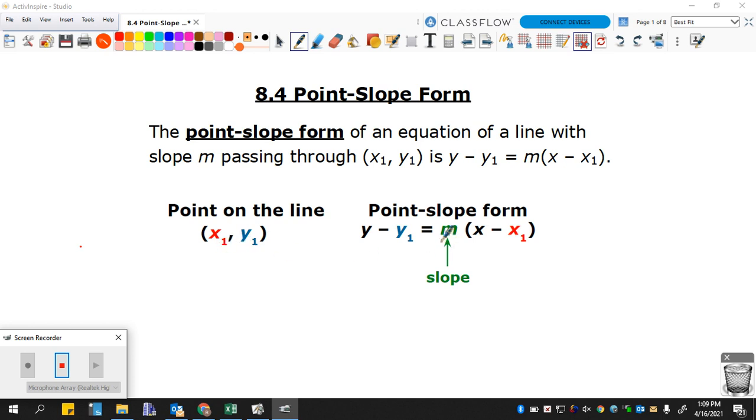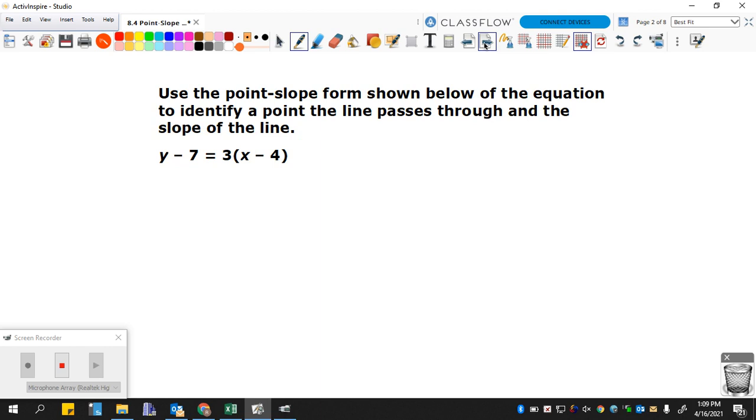All right. So if we're given the equation y minus 7 is equal to 3 times x minus 4, well, if we write this down, y minus y1 is equal to m times x minus x1.